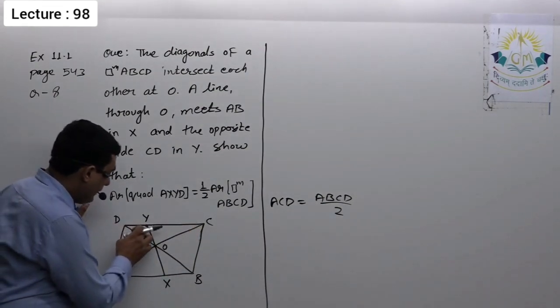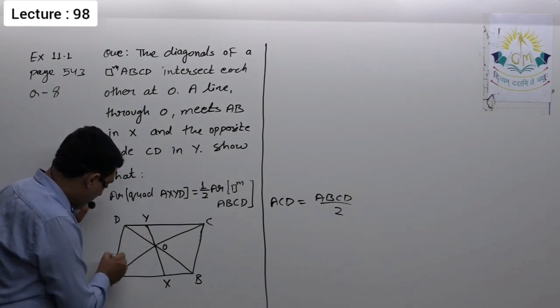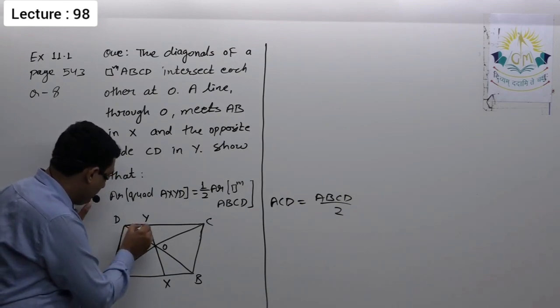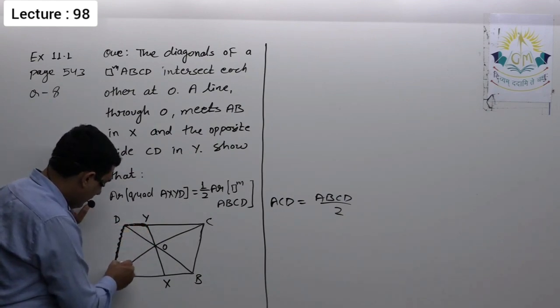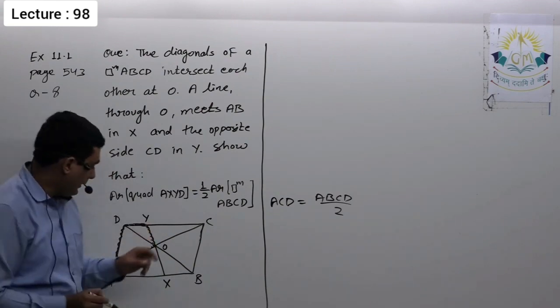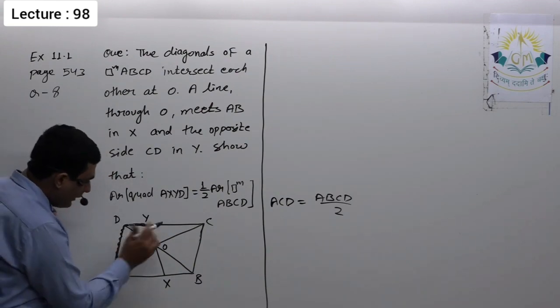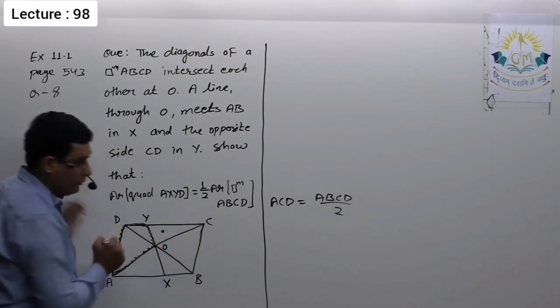Now see here, ACD can be written as the area of ADY, looking in this way so that you can easily see I am talking about this portion. ACD can be written as this quadrilateral plus this triangle, that is CYO.